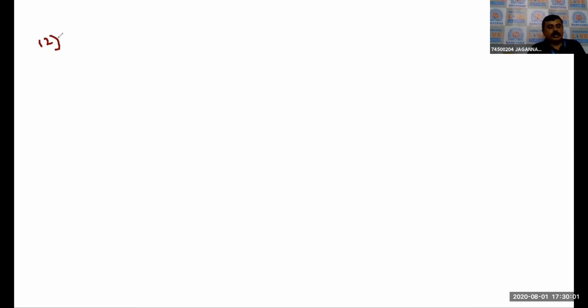See, the question is given. The total electric flux through a cube when a charge 8q is placed at one corner of the cube is. So one cube is there. This is one cube. Okay, I'm drawing one cube here.